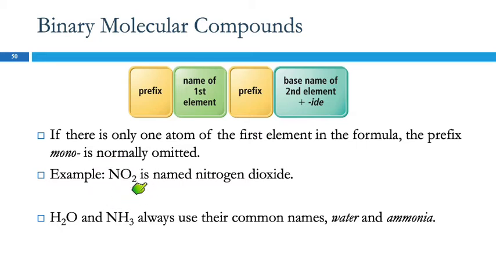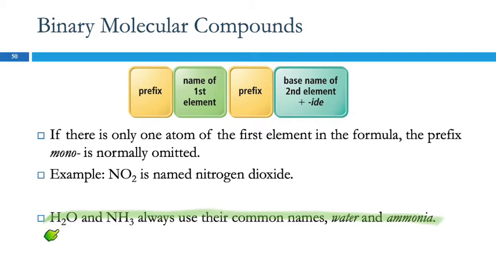If we look at NO2, the formula tells us there's one nitrogen and 2 oxygens. The first element is nitrogen. We're not going to say mononitrogen. This is nitrogen, and 2 oxygens is dioxide. Water and ammonia always use their common names.